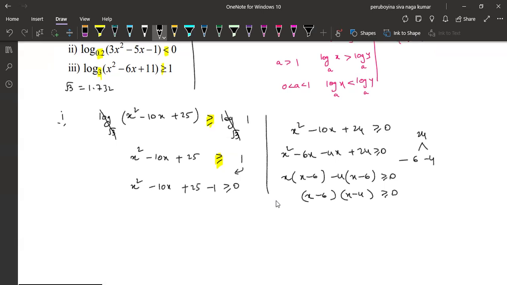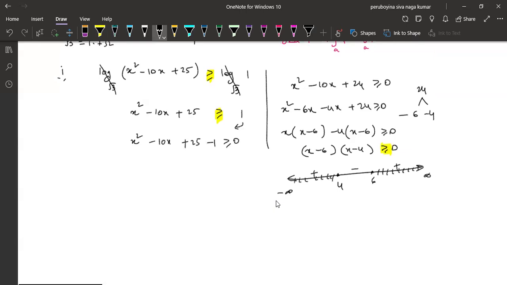So therefore, you know the real line pattern. This is minus infinity and this is plus infinity. What are the root values? 4 and 6. And you know that it is plus, minus, and this is plus. So what is required? The required inequality shows greater than, meaning positive numbers. So where is it positive? From 6 to infinity, and from minus infinity to 4.